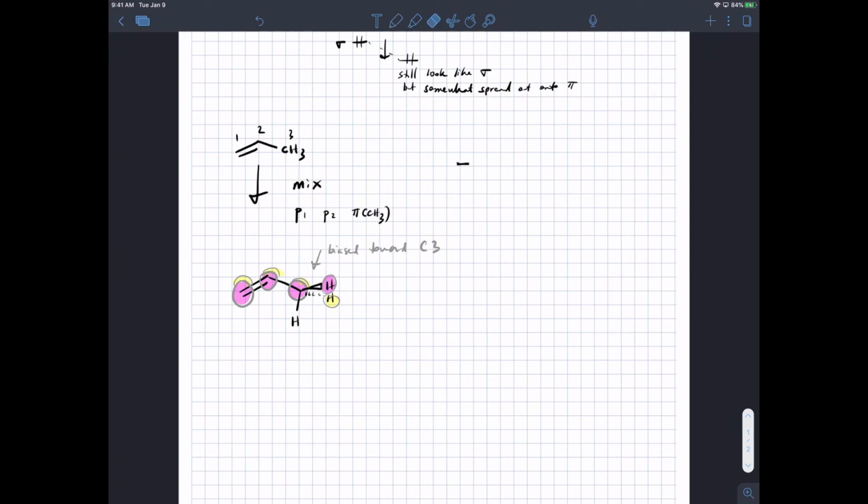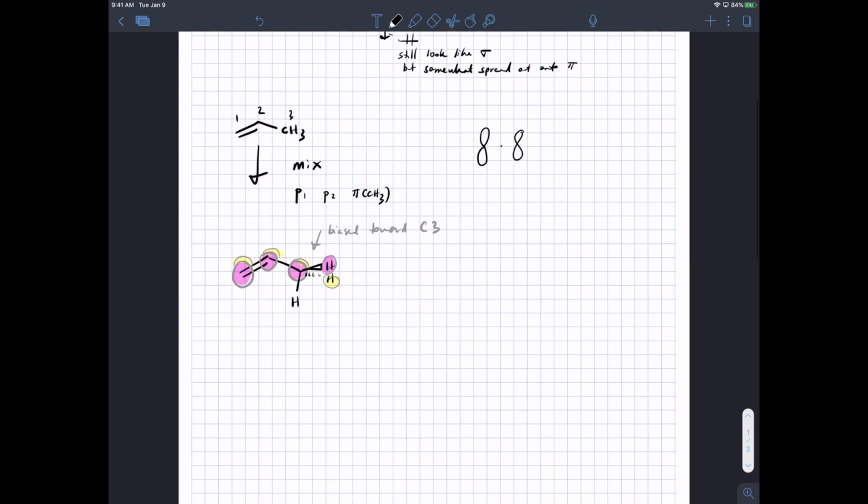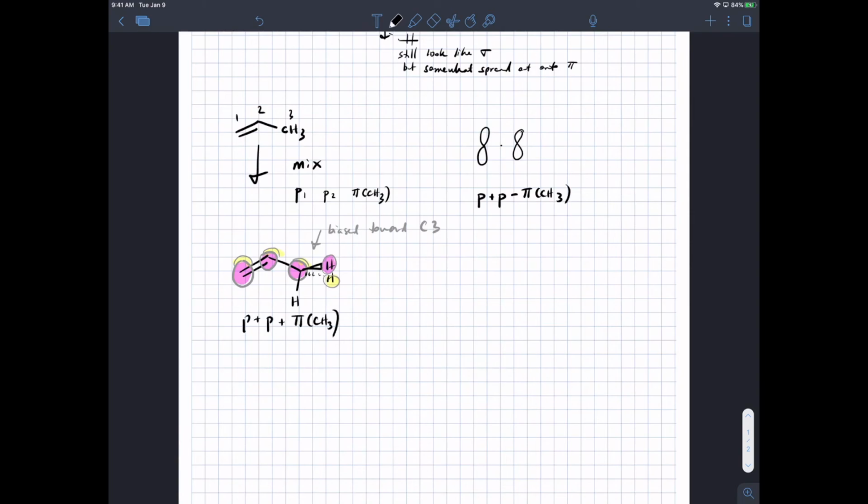Well, remember, the next one should come from when we were doing allyl cation, where we came up with something like this for our middle orbital. You could do p plus p minus pi CH3, because this is the all plus version, if that makes sense.